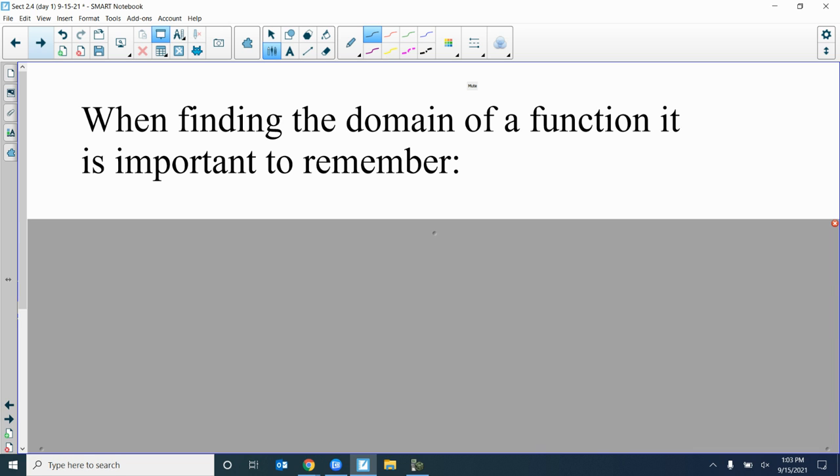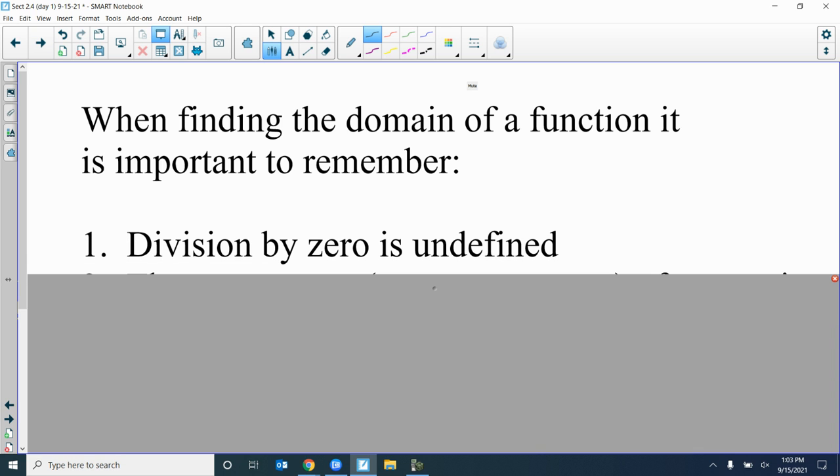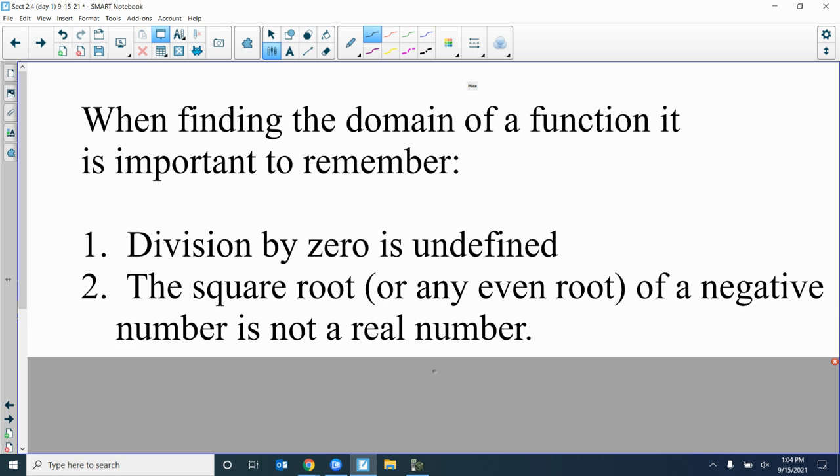All right, we're going to be concerned when we get an equation with determining what the domain is. Two key things we need to remember. First one, division by zero is undefined. Cannot divide by zero. You cannot use that number in the domain. And number two, the square root or any even root of a negative number is not a real number. So everything we're graphing is on the real number system.